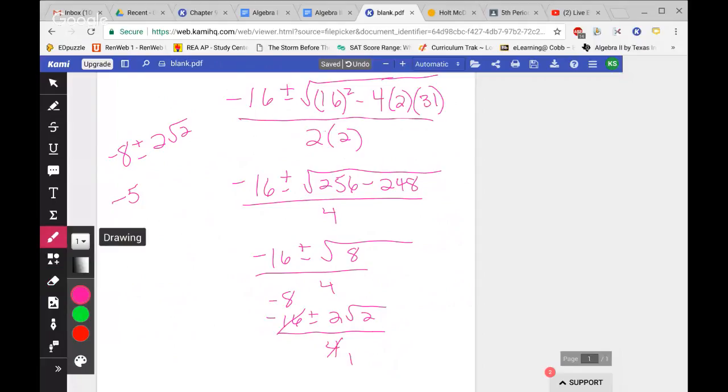Negative 5.17. And negative 8 minus 2 times square root of 2 gives negative 10.17, and 0.83, roughly.